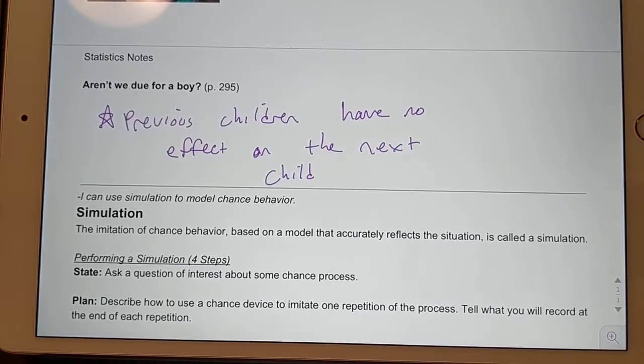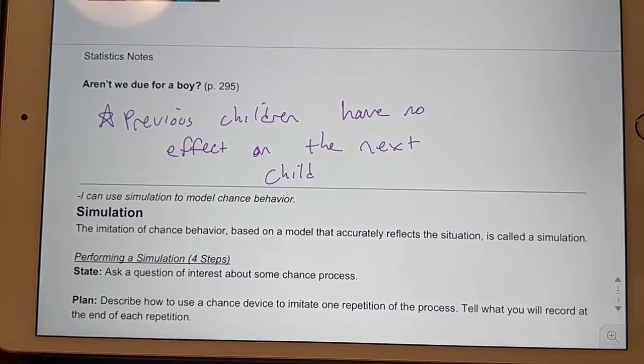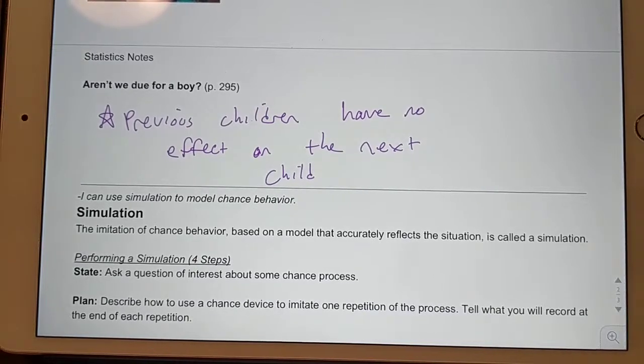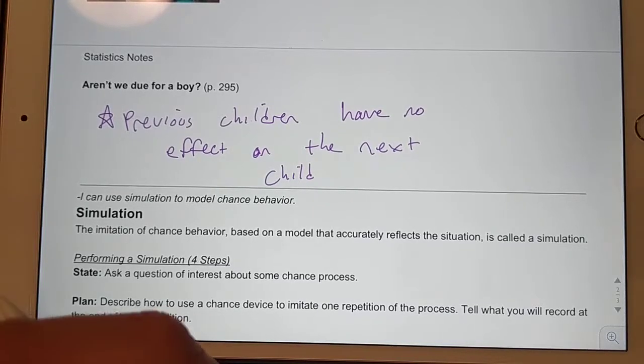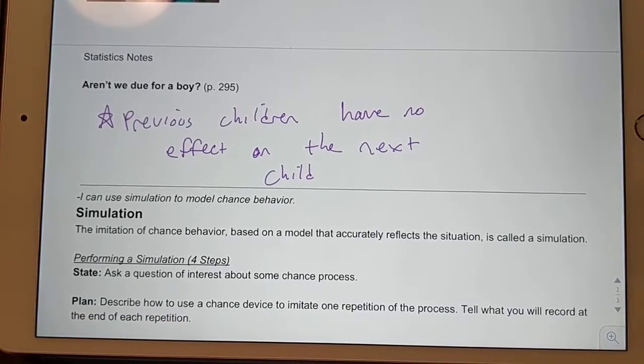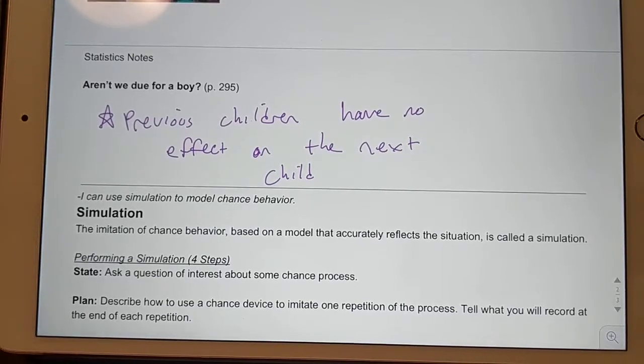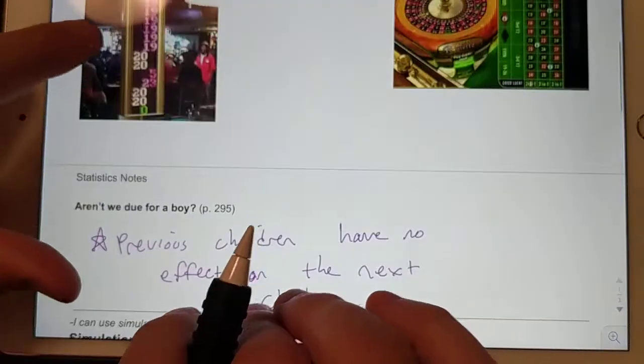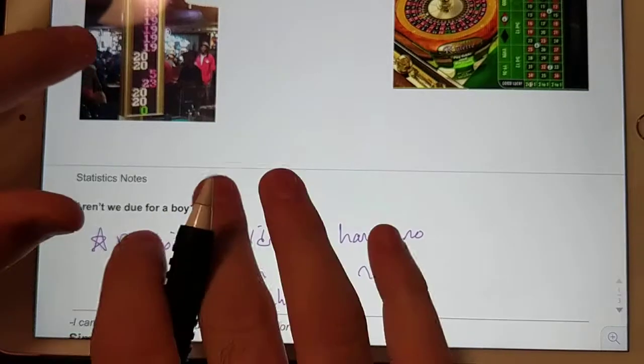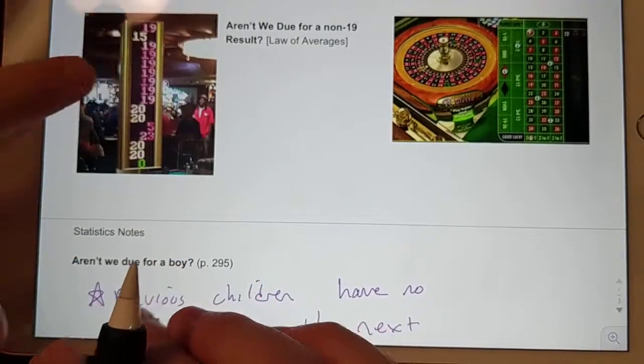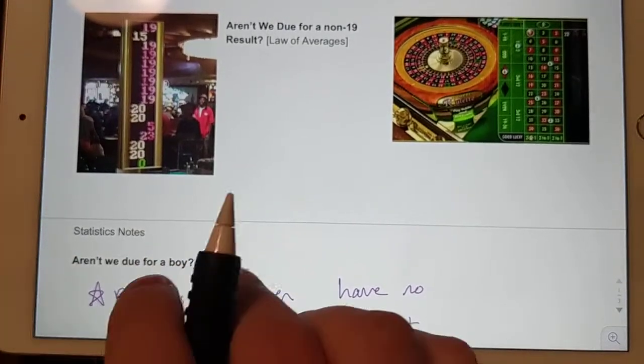So if you're one of those couples that wants to have a certain gender baby, boy or girl, thinking that you have 3 or 4 the same in a row does not improve your chances by any means of getting that desired boy or girl. And the same law of averages thinking goes here with the roulette table sign. It does not help you in any way in the short term.